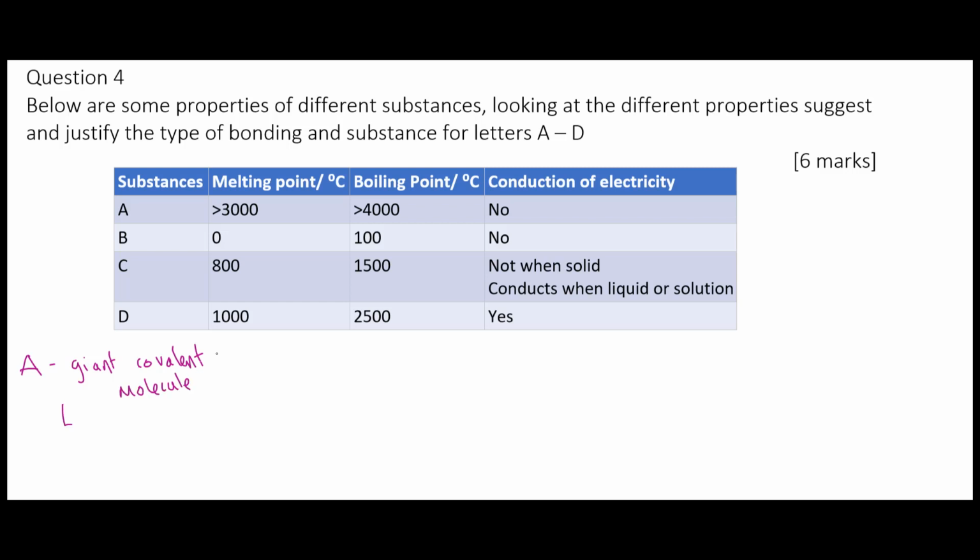And the reason we can predict it's a giant covalent molecule is because it has this high melting point and boiling point. And the reason that giant covalent molecules have this high melting and boiling point is due to the fact that there is a large network of covalent bonds which need to be broken.